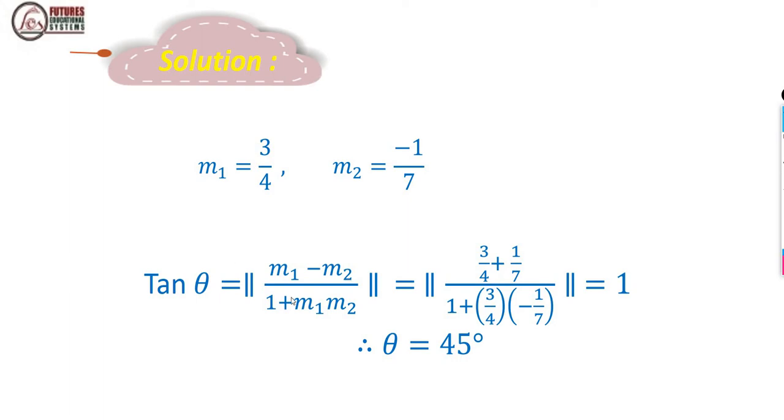Therefore, the acute angle between the first straight line and the second equals 45. If you want the obtuse angle, 180 minus 45 gives 135.